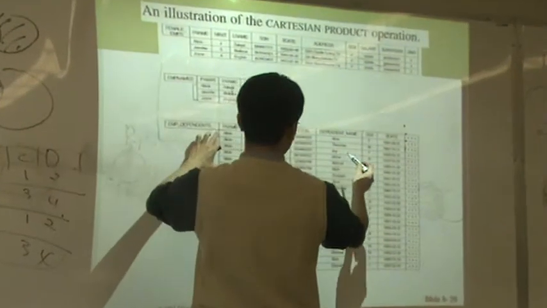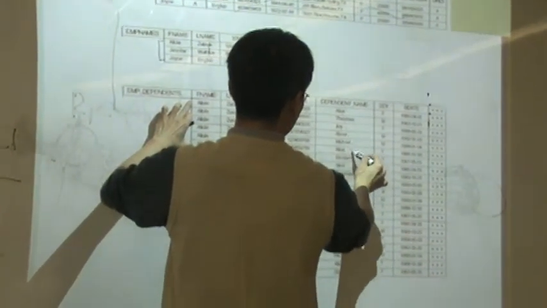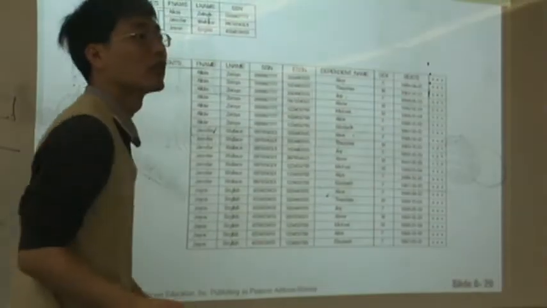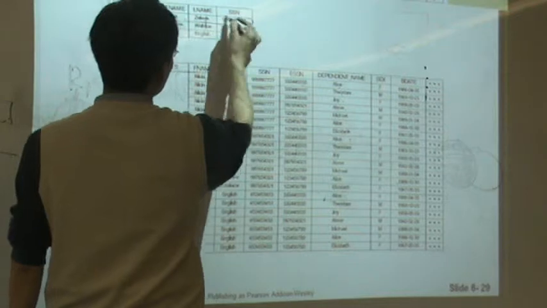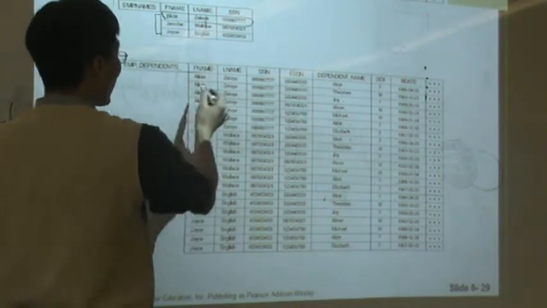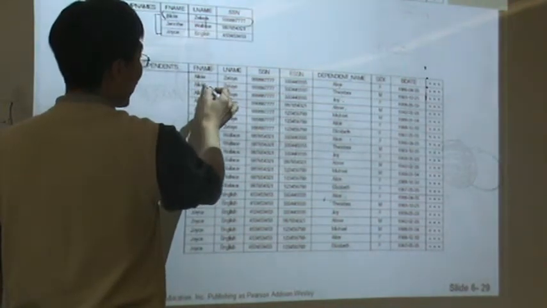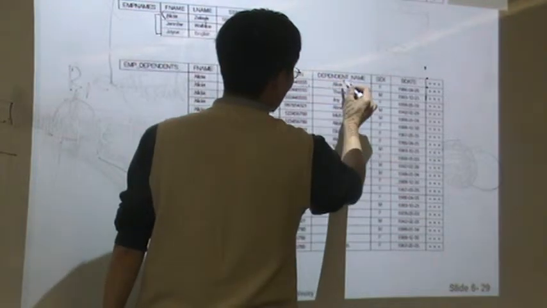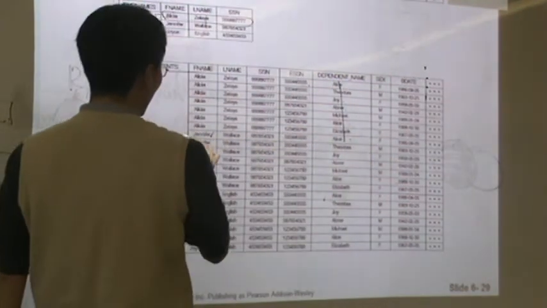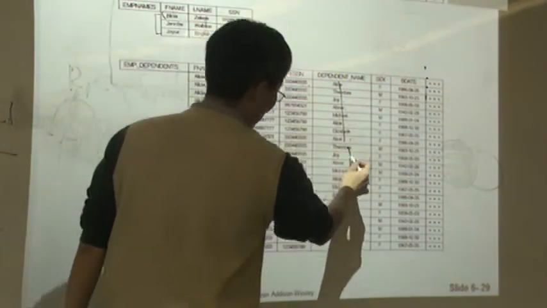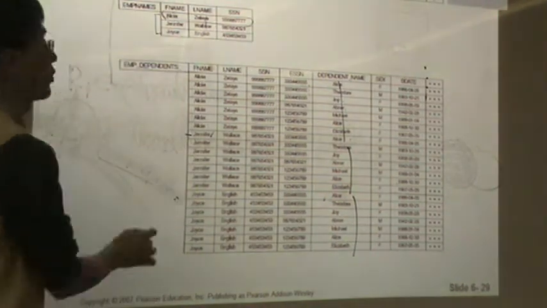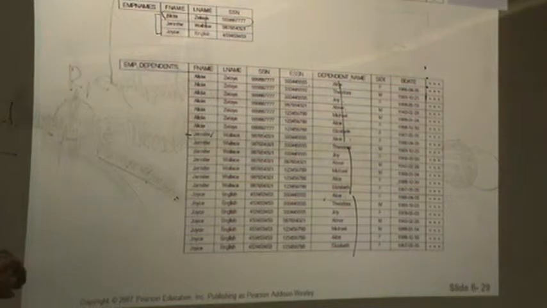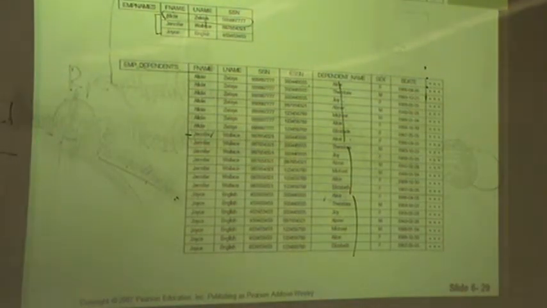We have 1, 2, 3, 4, 5, 6, 7, 8 dependents. Okay? So each female employee, for example, Alicia, is combined with all of these. And Jennifer with all of these. And also all these 4 choices. It will return 24 tuples. Okay? This is a Cartesian product.